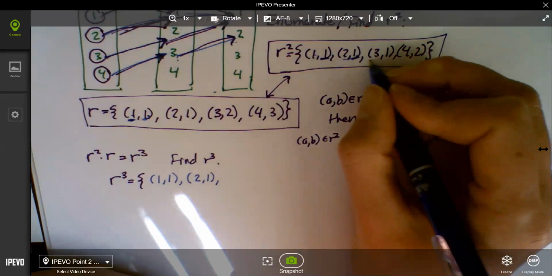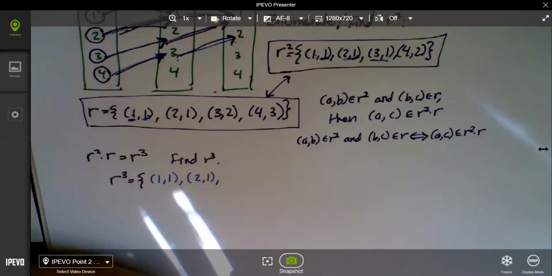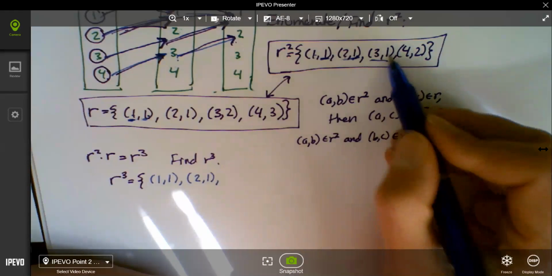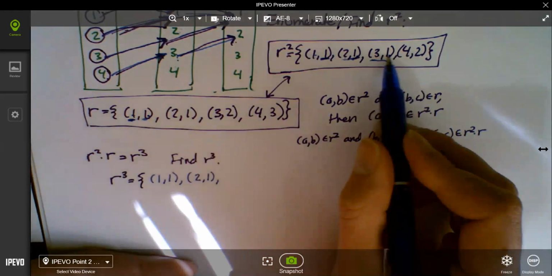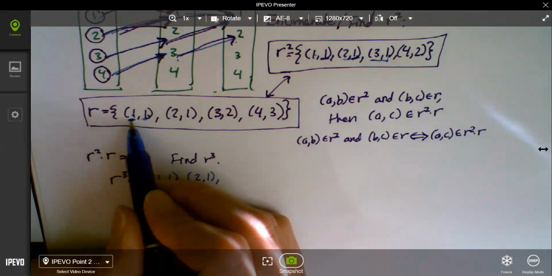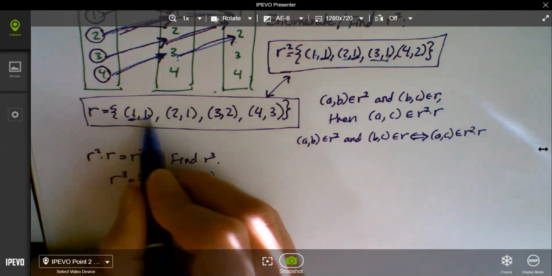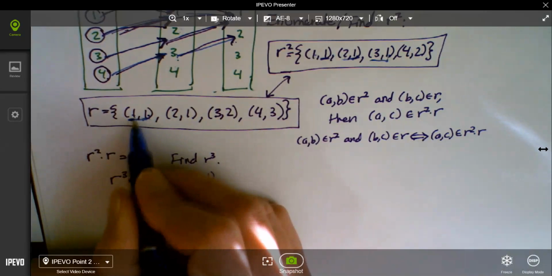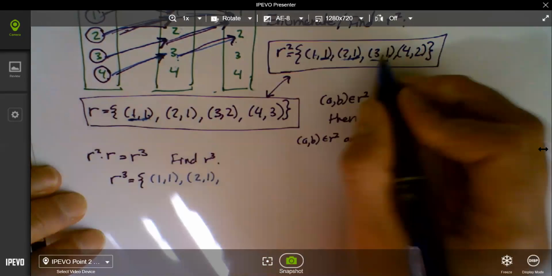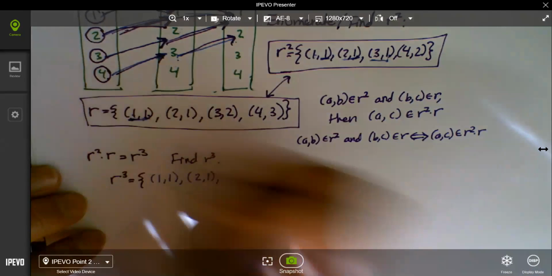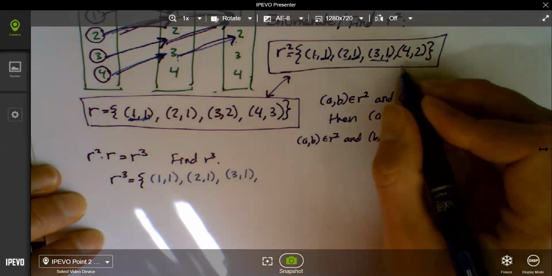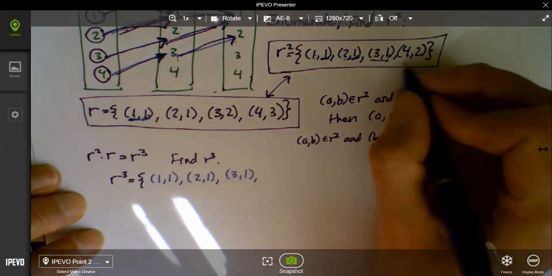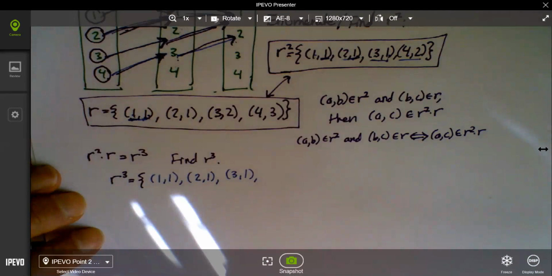We'll move on to (3, 1) in R squared. So 3 goes to 1. I'm looking for an ordered pair that starts with 1 in set R. Again, it's our (1, 1), and that's the only one that starts with a 1. So 3 goes to 1, 1 goes to 1, so (3, 1) is an element in R cubed. We're at our final element in R squared, (4, 2).